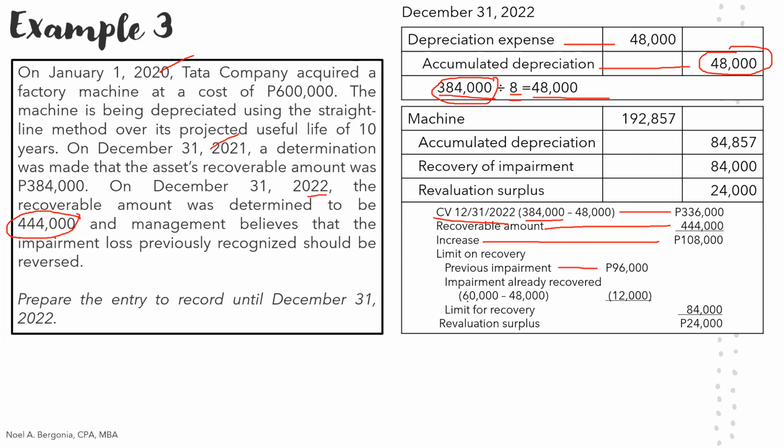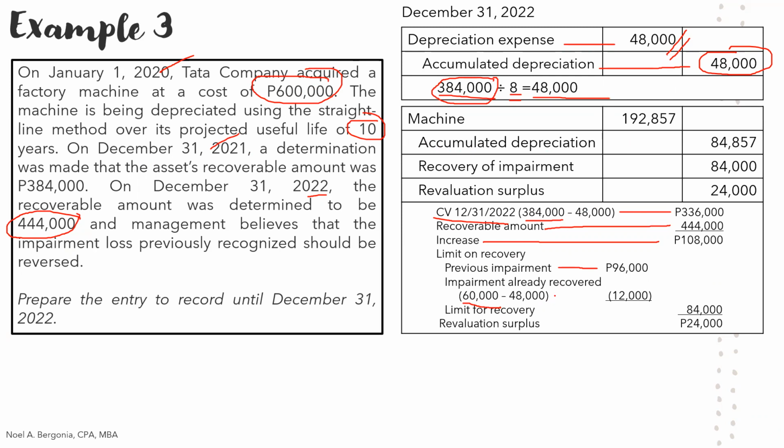The amount is 60,000, di ba? Yun yung original, yung 600,000 divided by 10. Okay? Then, after nating nagkaroon ng impairment, magkano na po yung depreciation? Ito, di ba? 48,000. So in that case, after there was an impairment, there was a decrease in our depreciation expense. Bumaba in depreciation expense.